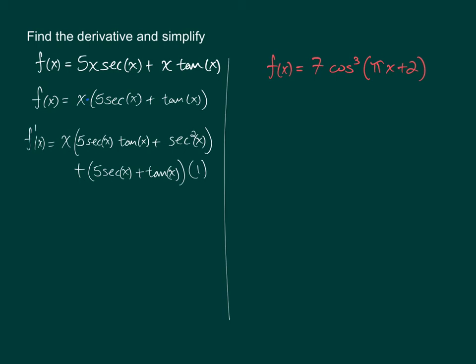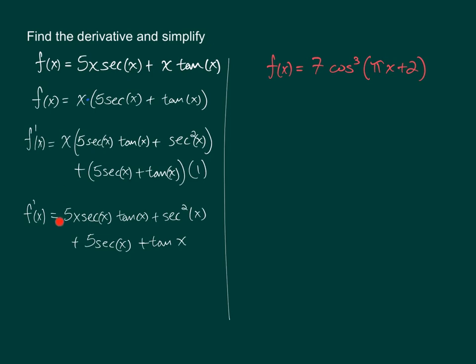So when this all gets multiplied out, let's see, this will be f prime of x equals 5x secant x tangent x plus secant squared x plus 5 secant x plus tangent x.